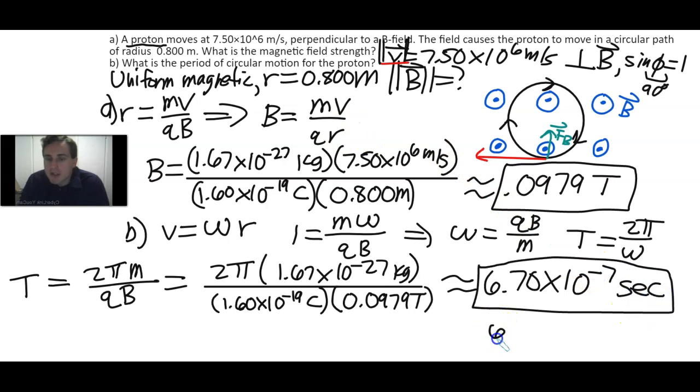So this would be like 670 nanoseconds. That's an extremely short period of time, so this proton is going around quite fast. That makes sense, because this is what happens with these very small charged particles.